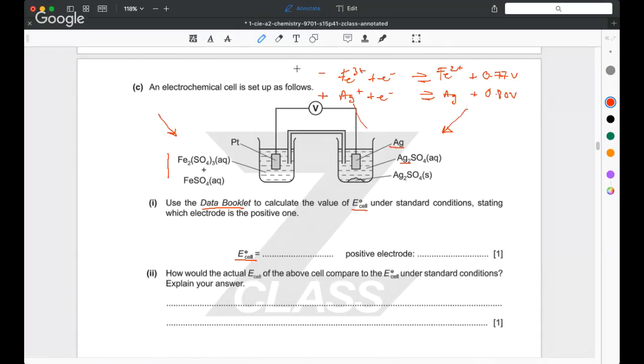And at the negative electrode, there's going to be electrons being lost because they're pushed away from the negative electrode. But at the positive electrode, the electrons are going to be gained. And if you've got electrons being lost, oxidation is loss and reduction is gain.